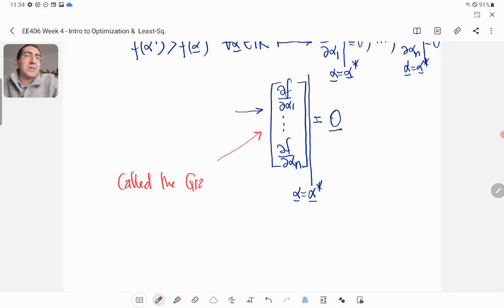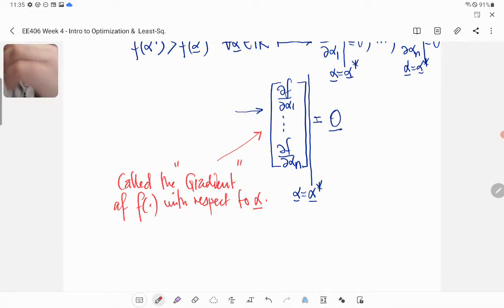The gradient of f with respect to alpha. Okay, so gradient is a vector. It just points in a direction, and if you want to interpret it geometrically, it's a vector that is pointing in the direction of the largest increase in the function.